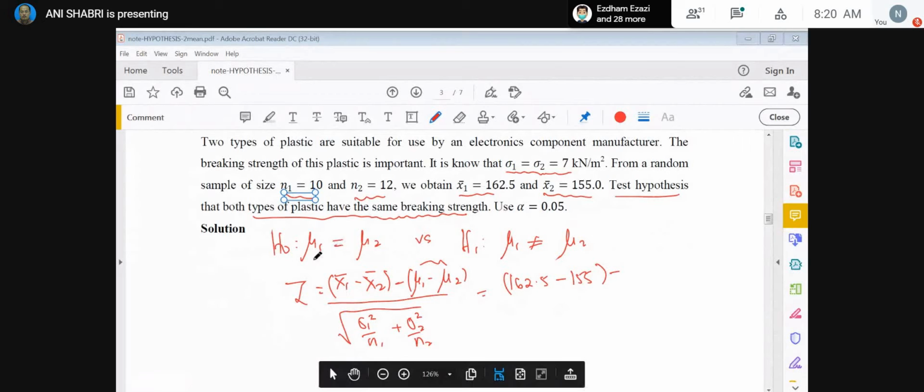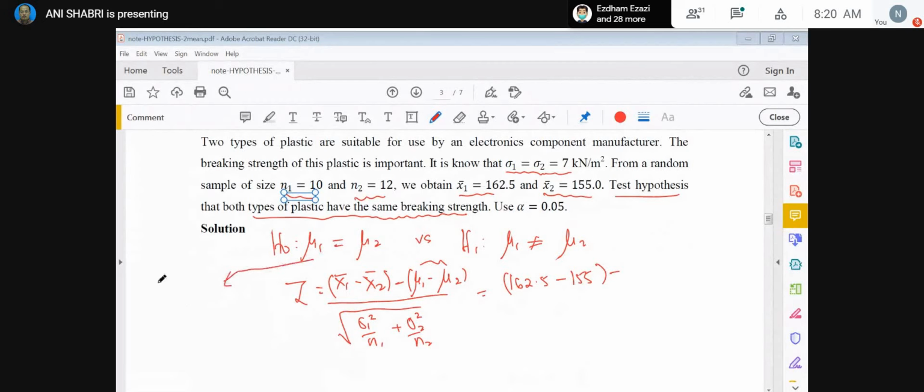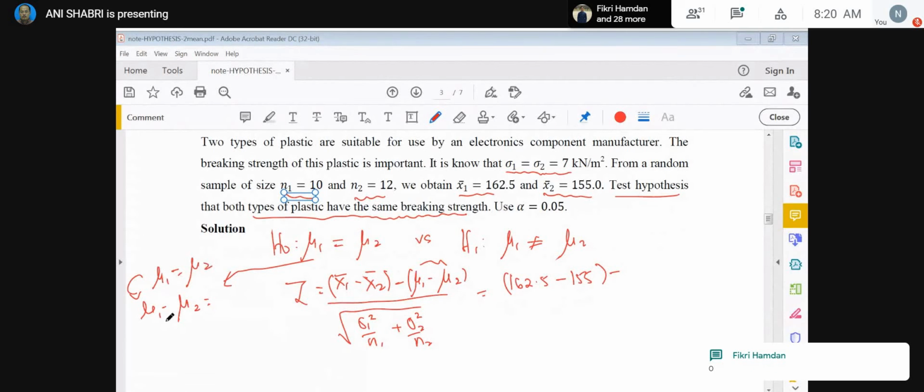Okay, from here we know mu1 is equal to mu2. It is equal. What is the value of mu1 minus mu2? Mu1 is equal to mu2, then mu1 minus mu2 is 0.